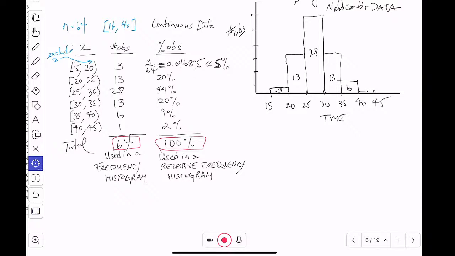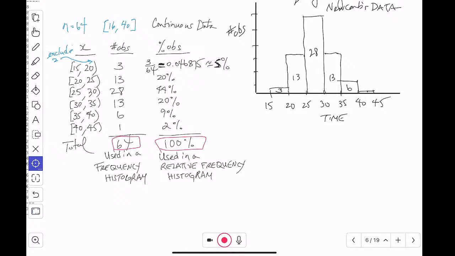The 5 features: it's symmetric, where the mean is a measure of the center and the standard deviation would be a measure of the spread. It looks like a tight distribution. There are no gaps, there are no outliers, and there's a single peak between 25 and 30. That's how you would see this distribution.